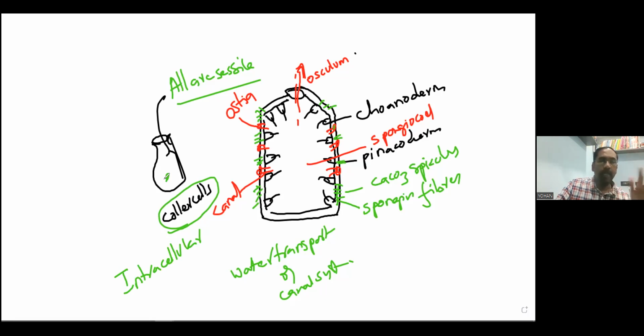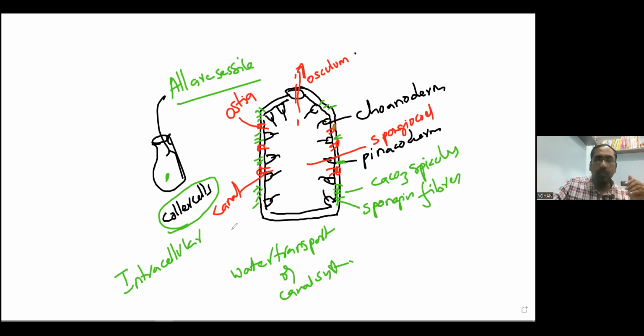Here, respiration and excretion occur by diffusion through the body surface. Nerve cells are absent, so nervous systems are not developed.